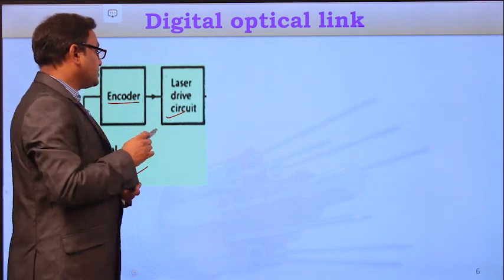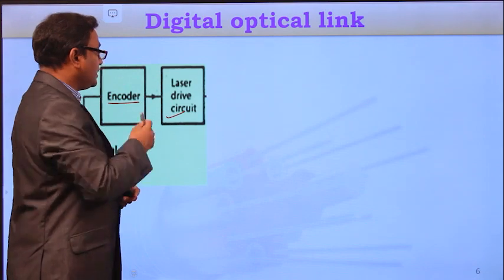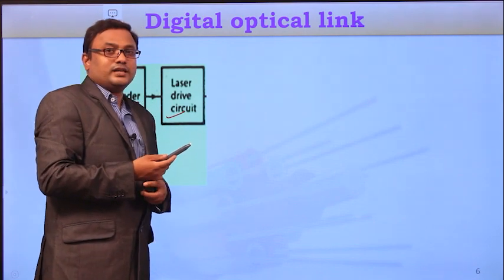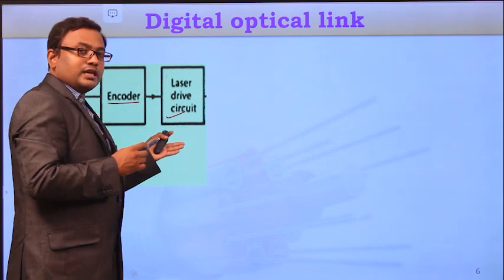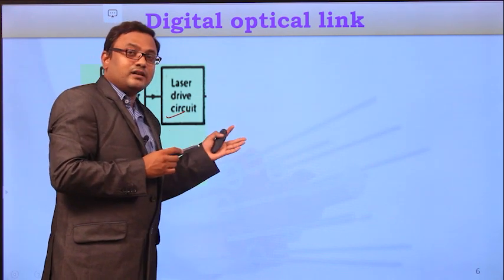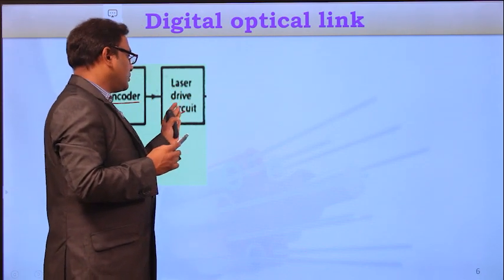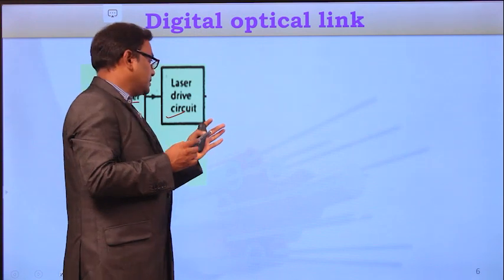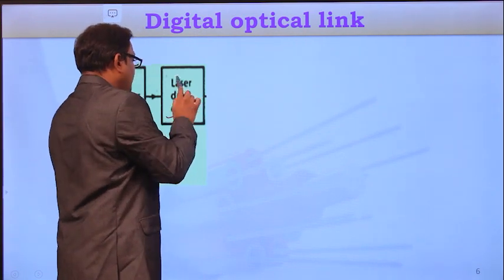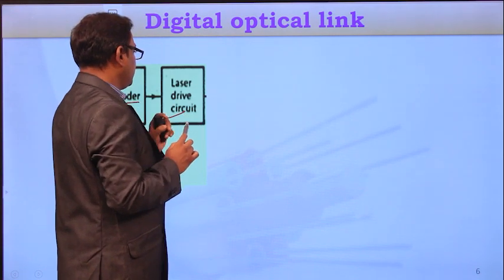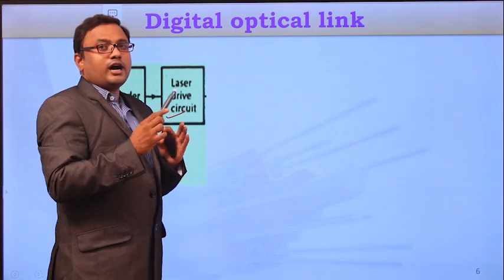Generally this drive circuit amplifies the encoded signal so that it can drive the next section, because our encoded digital information must travel longer distances, and to make it suitable for that, it should be amplified in the drive circuit. Next to this drive circuit there is the optical source.